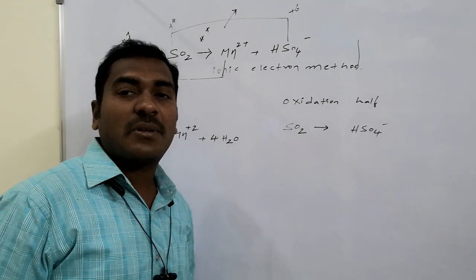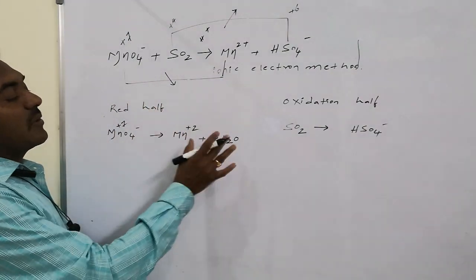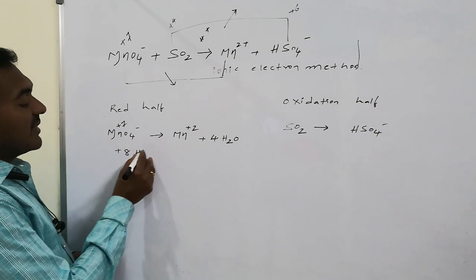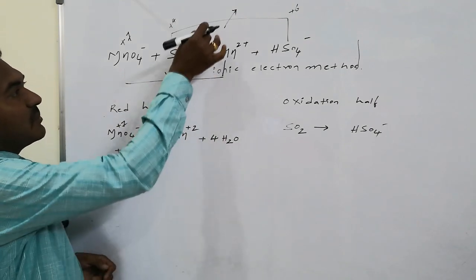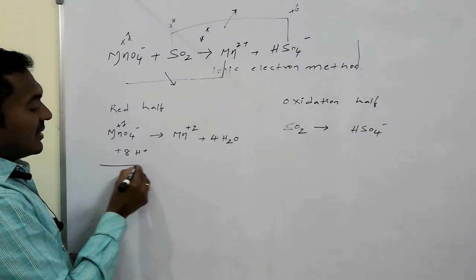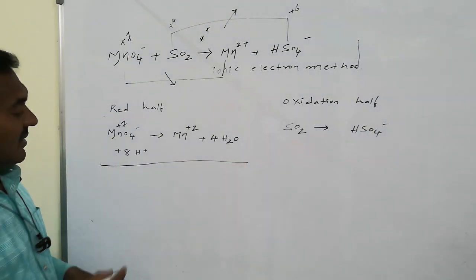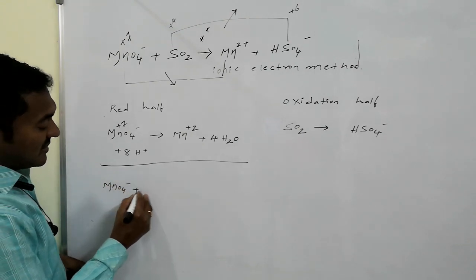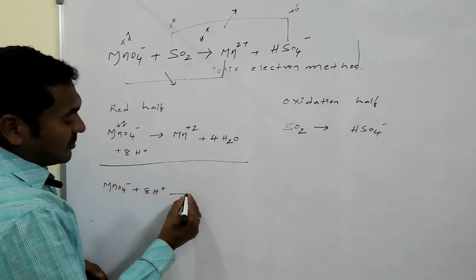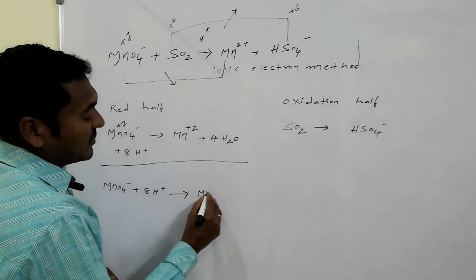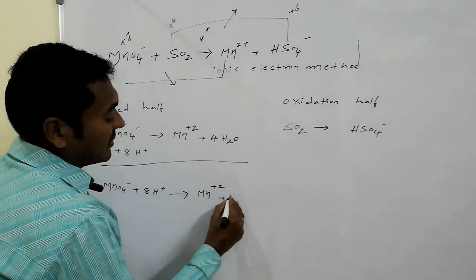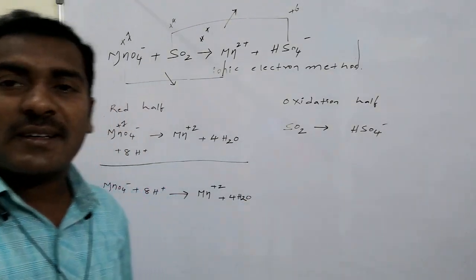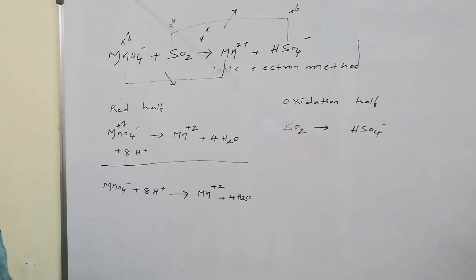To balance the number of oxygens, the same number of water molecules are to be added, and next, to balance the hydrogens, as this medium is acidic, that many H plus ions are added. Hence the net combination is MnO4 minus plus 8H plus in acidic medium converted to Mn2 plus followed by what? 4H2O.